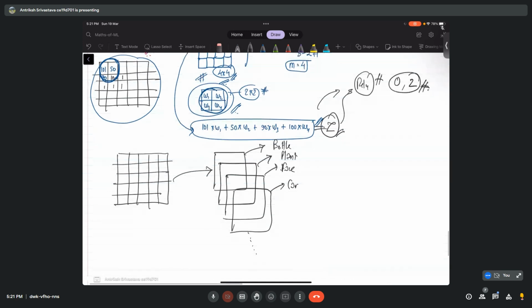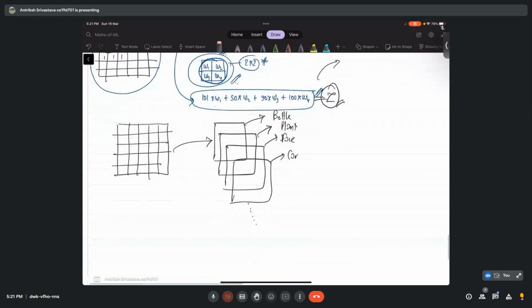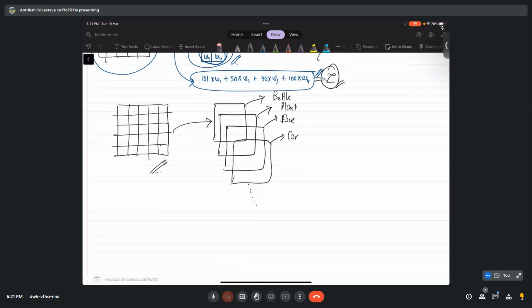Let's not go into that. So now from your 2D matrix and image, you have a 3D matrix, right? But each layer is telling whether there is a bottle or plant or face or car.